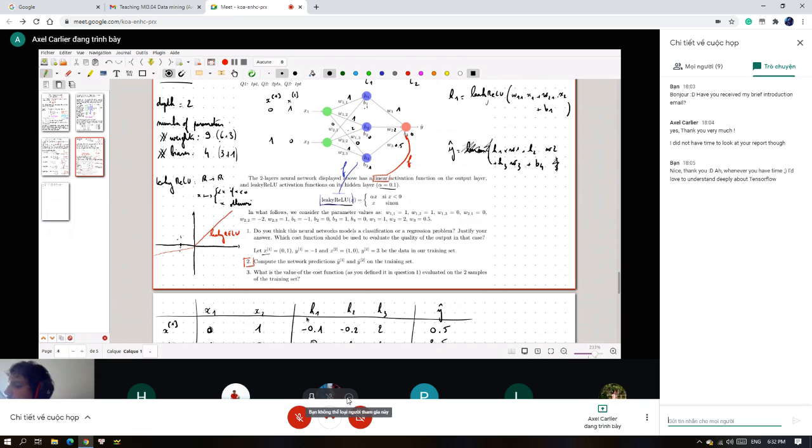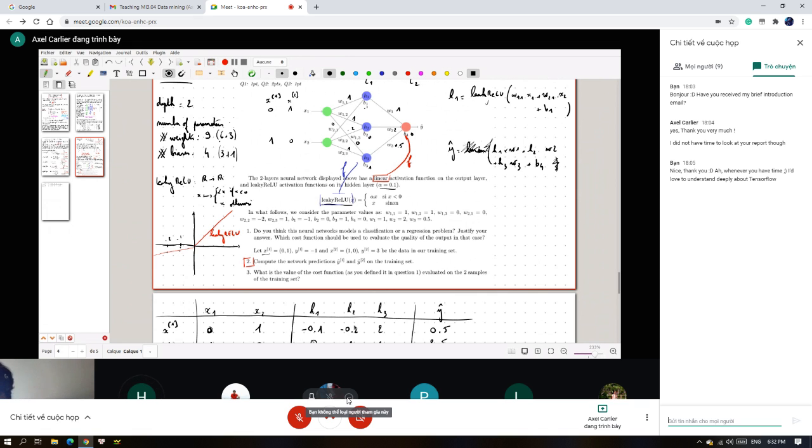So here I got h1 equal minus 0.1. If we try to compute h2, it is 1 multiplied by 0, so 0, plus minus 2 multiplied by 1. So it's minus 2 plus b2, still minus 2. And remember, it's leaky ReLU. So minus 2 through leaky ReLU is minus 2 multiplied by alpha, so minus 0.2.